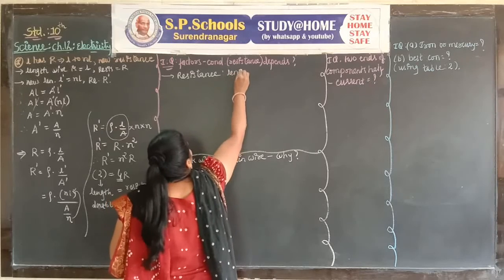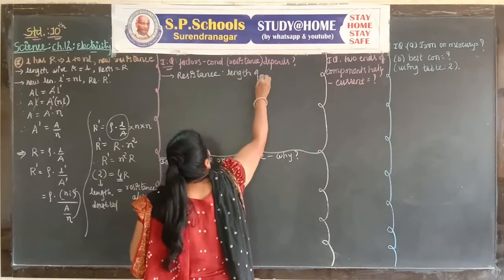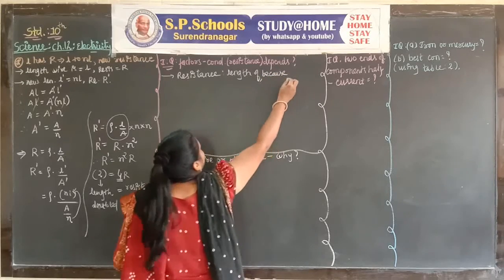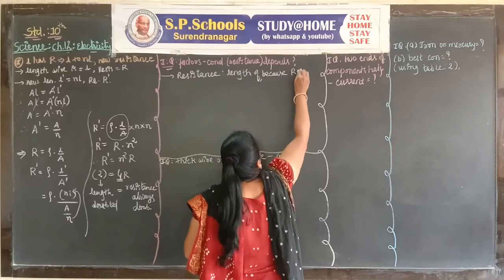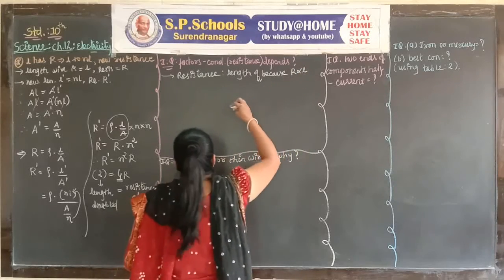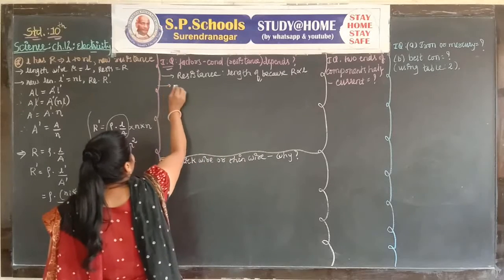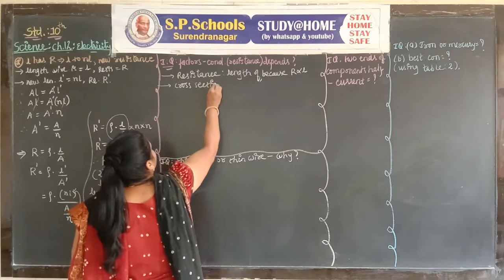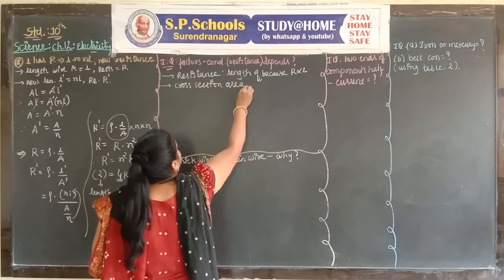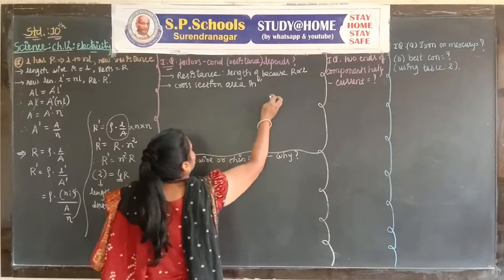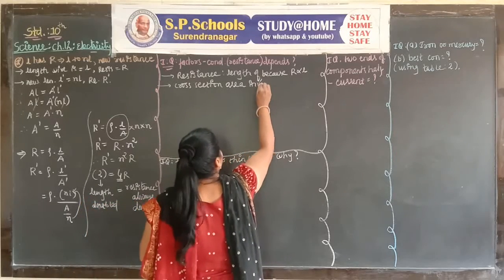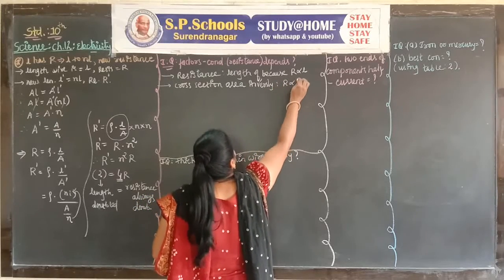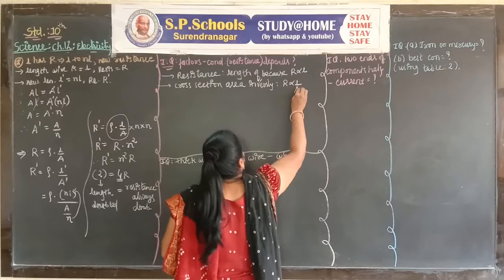First is the length of the conductor, because capital R is proportional to L. It also depends on the cross section area, but it depends inversely on the cross section area, because R is proportional to 1 upon A.